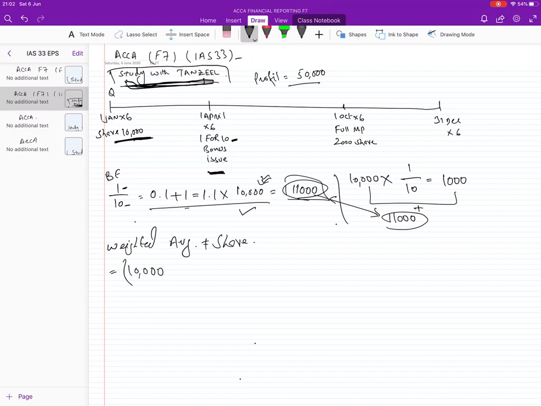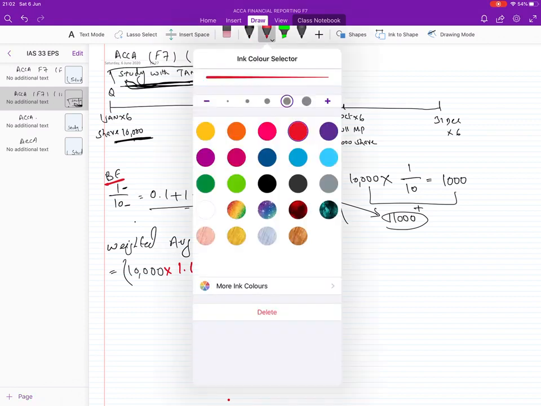And you have to take the bonus fraction, because we need to take effect from the very first day. The bonus fraction is 1.1, multiplied by how many months these are outstanding.